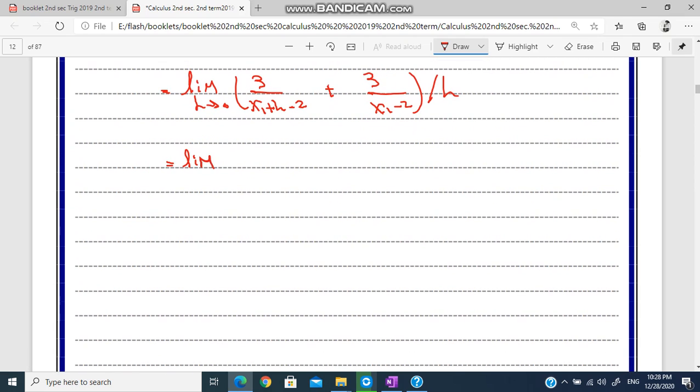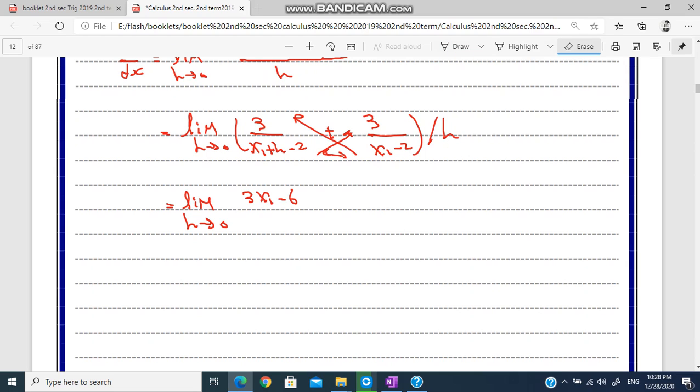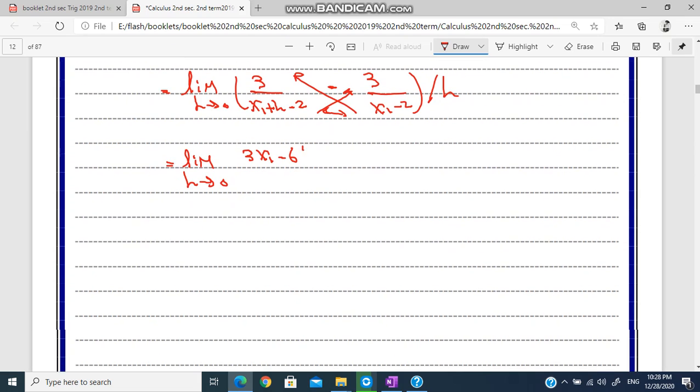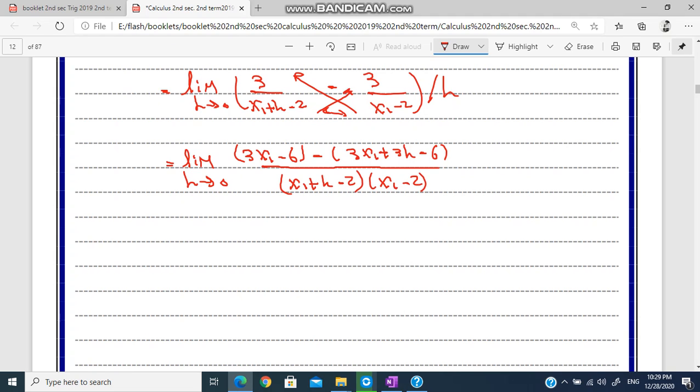Here, the common denominator: (x1 minus 2) times 3 will be 3 x1 minus 6, minus 3 times (x1 plus h minus 2), which is 3 x1 plus 3h minus 6, all over (x1 plus h minus 2) times (x1 minus 2) over h.